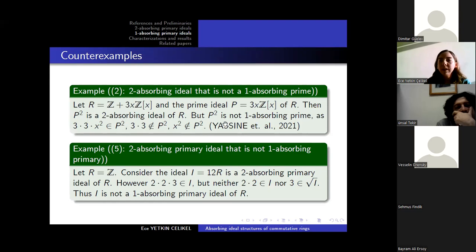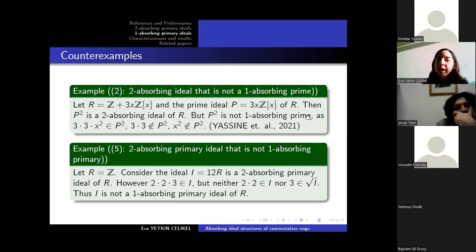You can see this example from this paper, and R will be Z plus 3xZ[x], and you can consider this prime ideal P. Then you can see P squared is two-absorbing. It is two-absorbing because of Badawi's paper. It satisfies some conditions in here, but P squared is not one-absorbing prime.